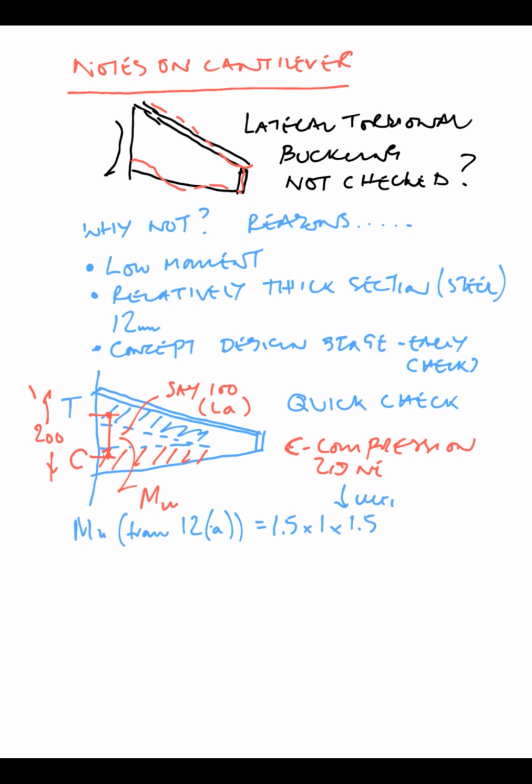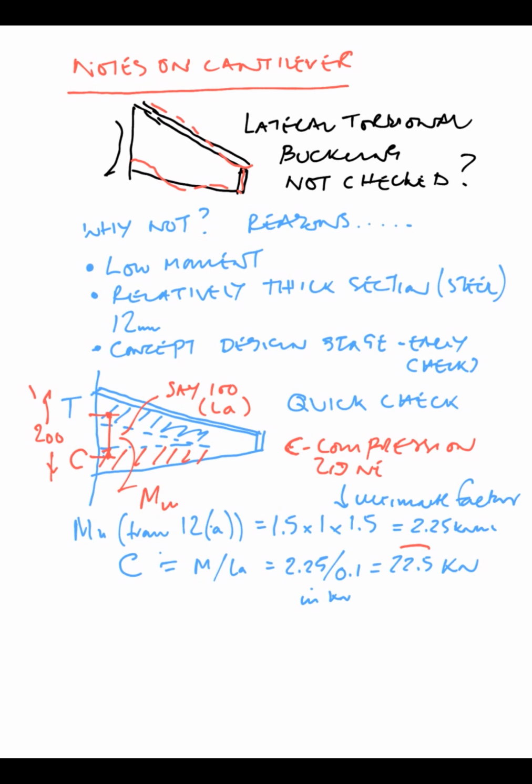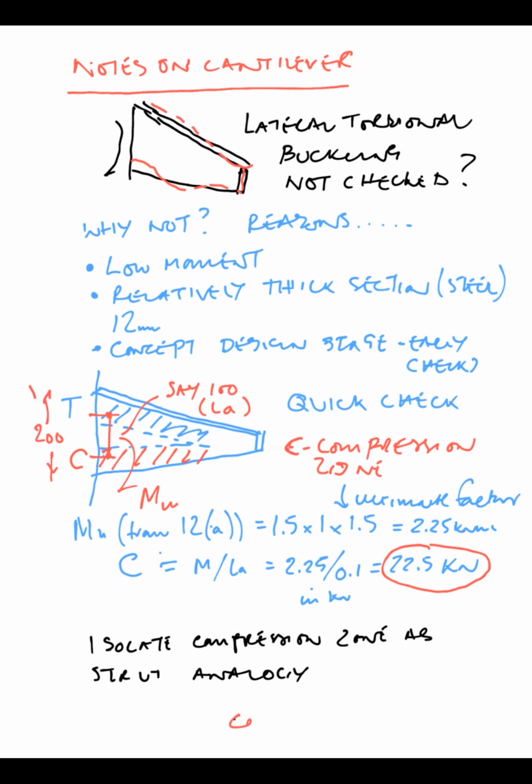And the ultimate moment, with a factor of 1.5, times 1.5, is 2.25 kilonewton metres, and the compression force is M over the lever arm, which is 22.5 kilonewtons. So the next stage is we're going to isolate the compression zone of the tapered beam by means of a strut analogy.